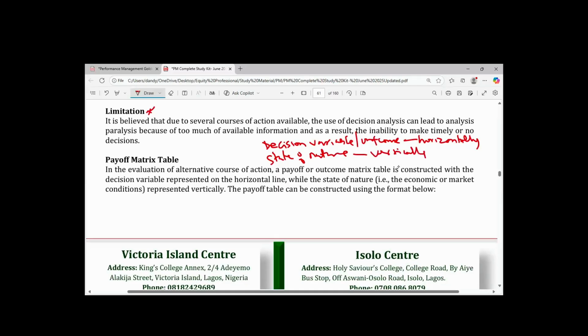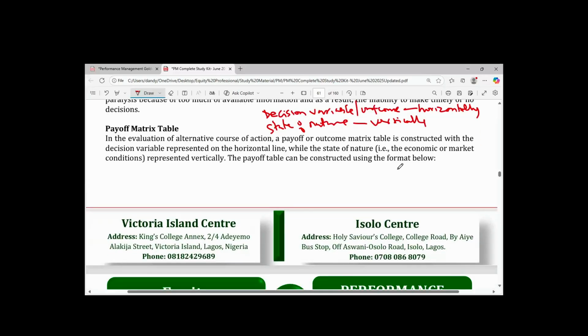So that's basically that. As far as decision analysis is concerned, there is no way you are going to evaluate each alternative course of action without using the payoff table, because you are going to need it. In most cases, the table will not be given to you. And at times, in fact, the payoff value may not be given to you.